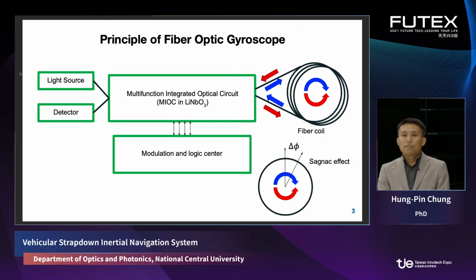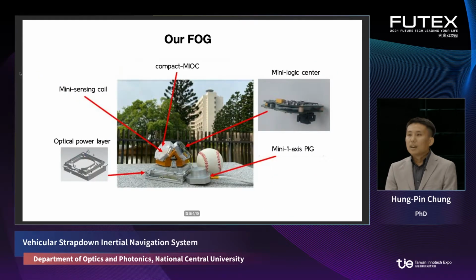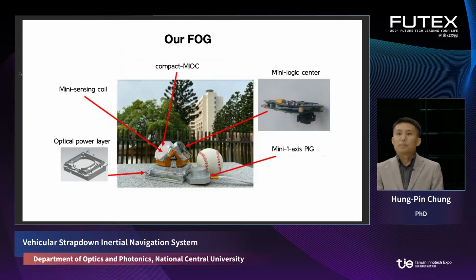So based on these five major parts, we reconstructed our FOG to produce a cost-effective solution. Our FOG, you can see the picture here. There is a 4-axis FOG, and the size is around a baseball.